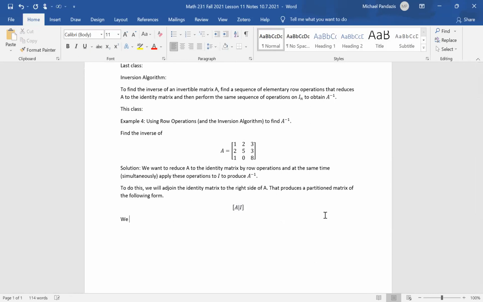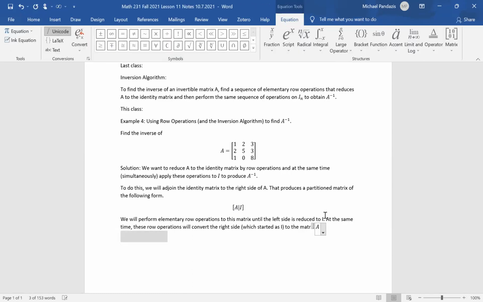Okay, so what we will do is perform elementary row operations to this matrix until the left side is reduced to I. At the same time, these row operations will convert the right side, which started as I, to the matrix A inverse.